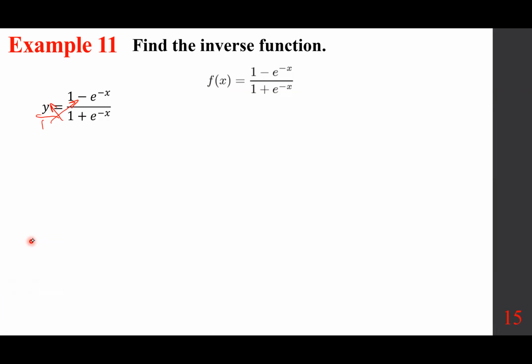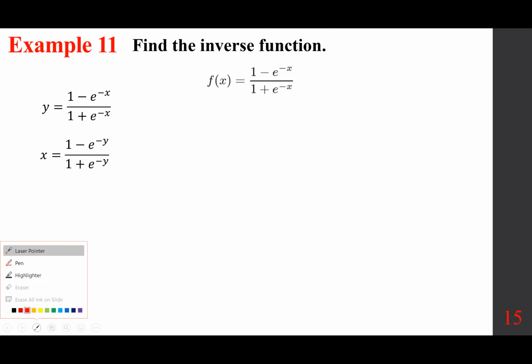We change the y to x. My apologies first. I thought I did that. The very first thing, we interchange x and y. At this step, we do have the inverse, but we solve for y, which means to solve for y, we're going to do the cross product.